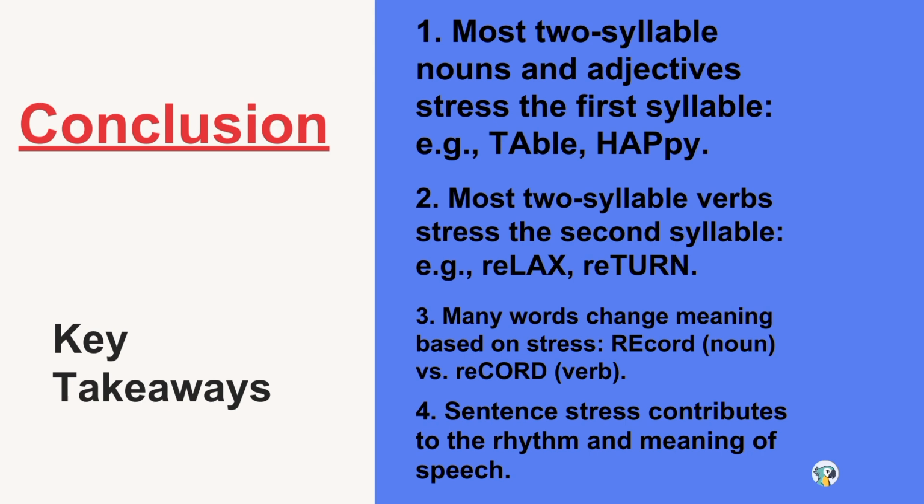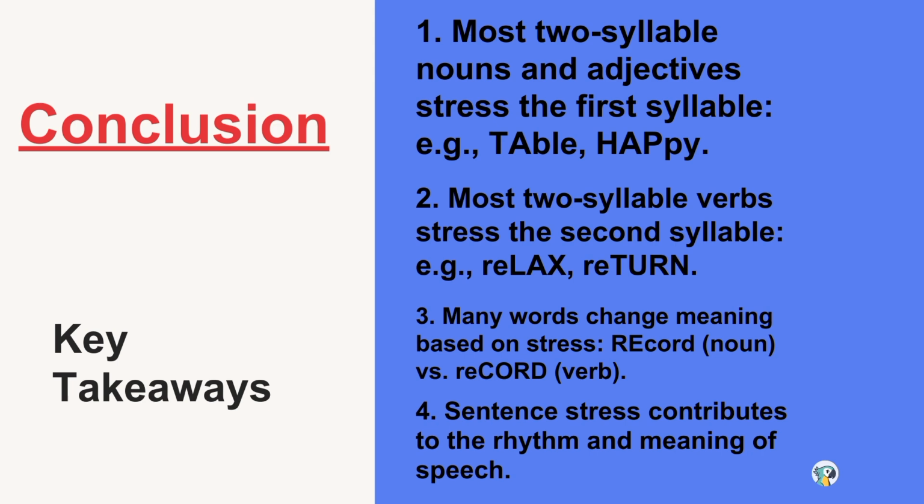Three, many words change meaning based on stress. For example, like we mentioned earlier, the word record. Record here is a noun while the word record is a verb. One has its stress on the second syllable, the other has its stress on the first syllable.